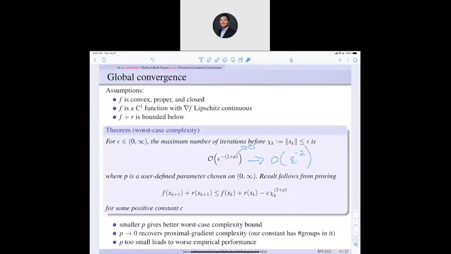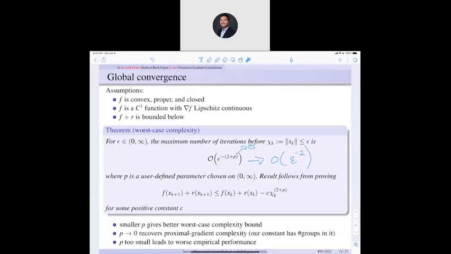Also worth mentioning is that although we say this is O of epsilon to the -2 plus P, these big O's always have constants in them, and those constants can be better or worse, and can have a big impact on the performance of algorithms. In contrast to the proximal gradient method, the constant hidden in our big O does depend on the number of groups. So our constant gets worse as the number of groups increases.